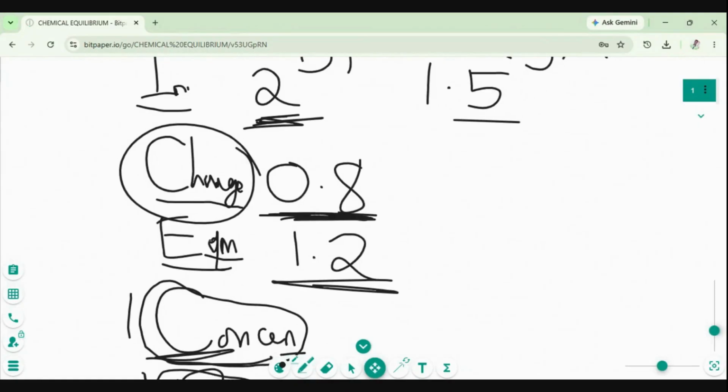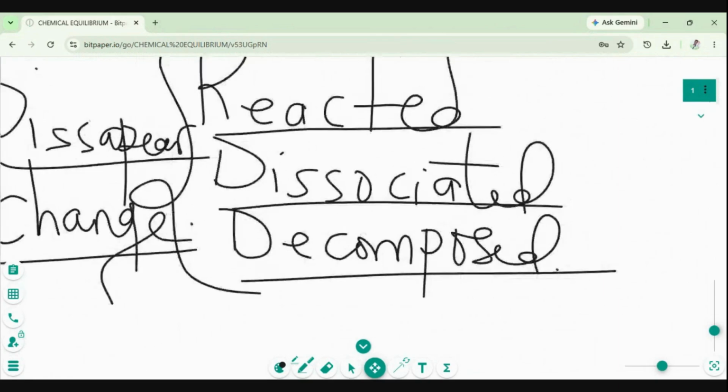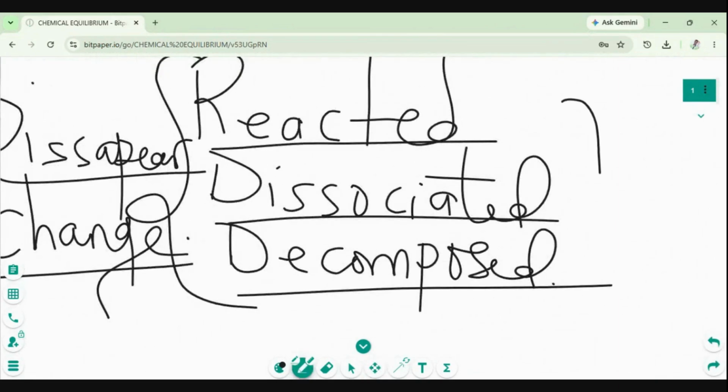Okay, a second thing to note. Number 1, we have said whenever you see these 3 words, reacted, dissociated, decomposed, what should be coming to your mind is one thing, and that is these are the number of moles that disappeared, that went away during the reaction.